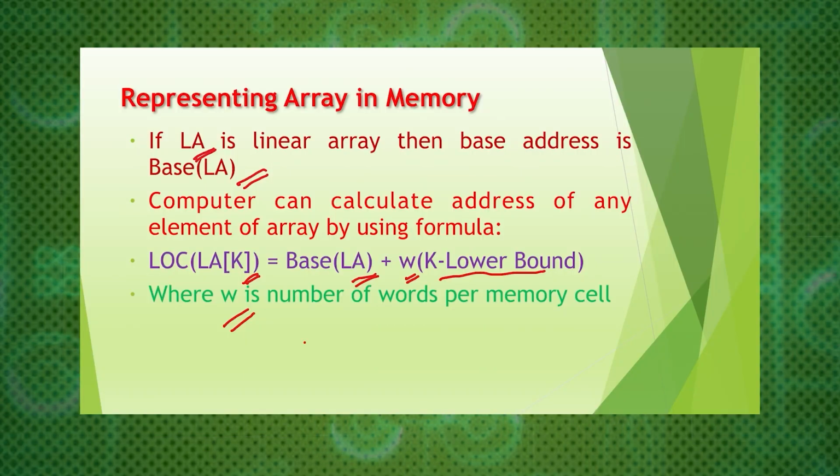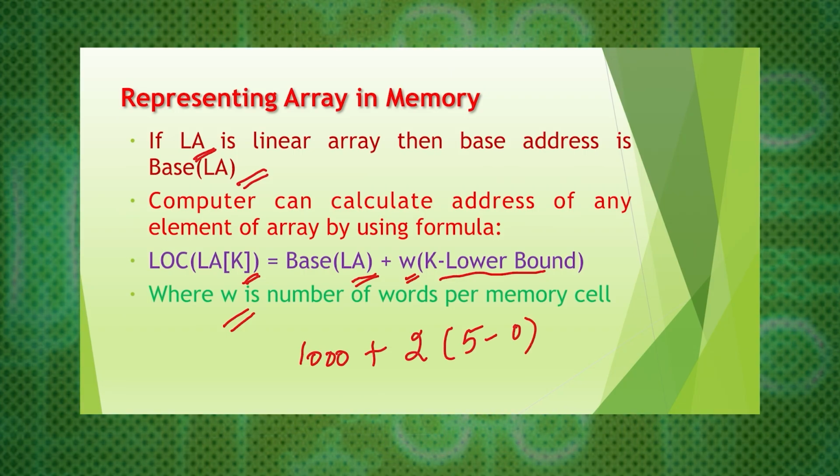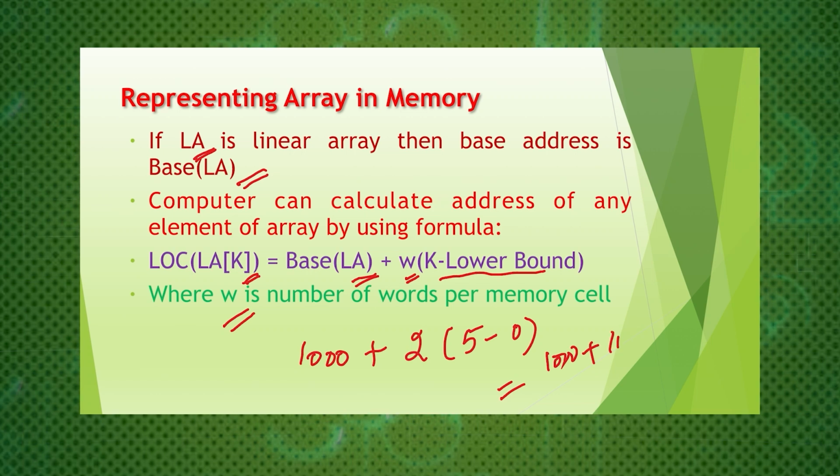So depending upon what kind of words you are storing into memory, your W will keep changing. For example, if my base address is 1000, my word is 2 bytes, my Kth position is 5 and my lower bound is 0, then I can calculate the address of my fifth element as 1000 plus 10, which is 1010.